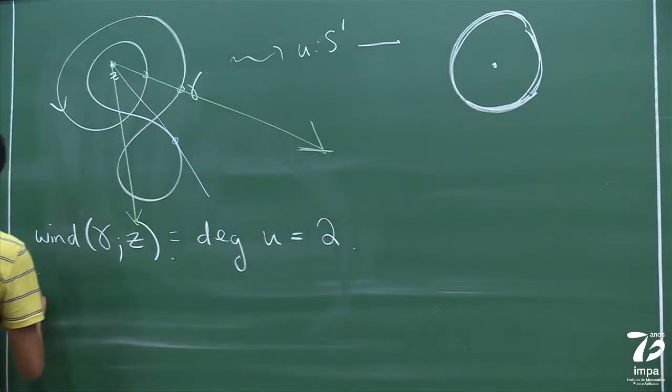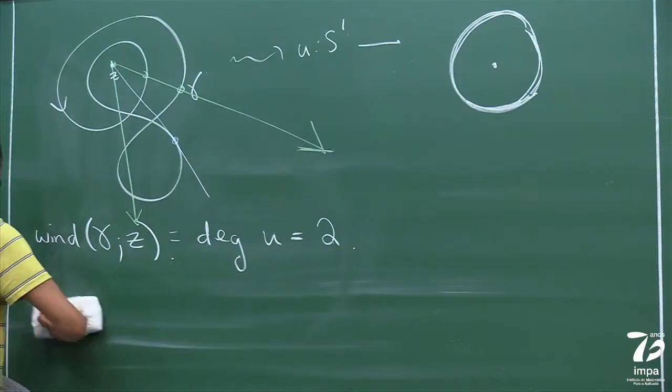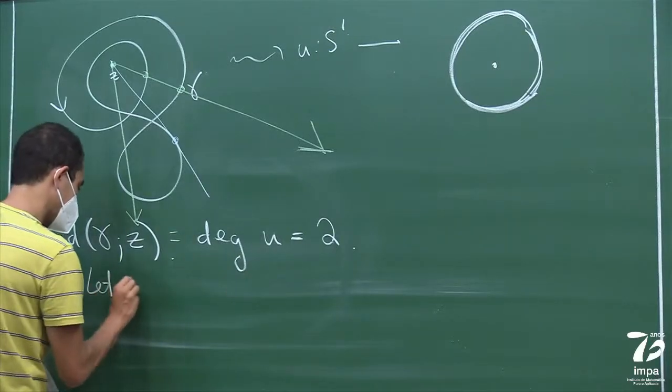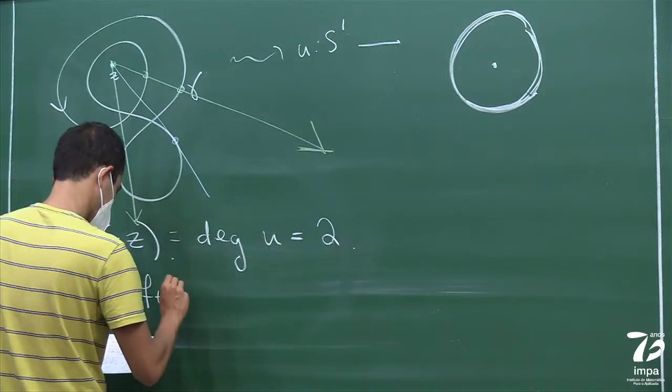Well, so here's an observation. If you consider a homotopy of maps, or maybe I should say, we can call it a proposition. Let's go slowly. I think the course is going kind of fast. So proposition: let's say that Ft is a homotopy of maps.